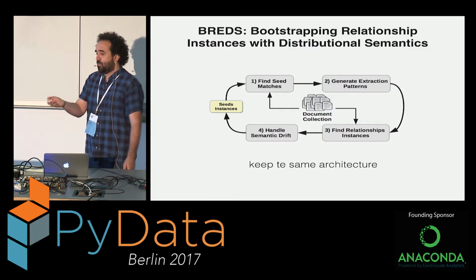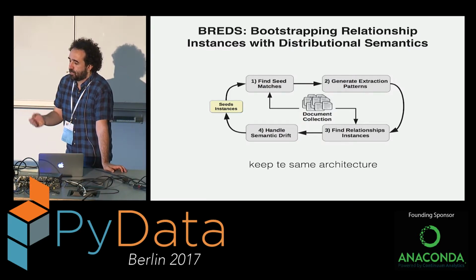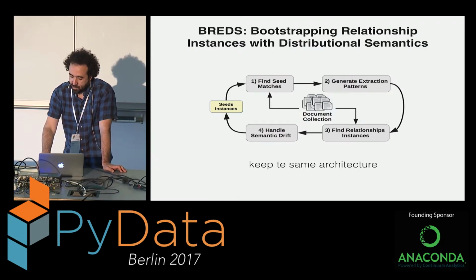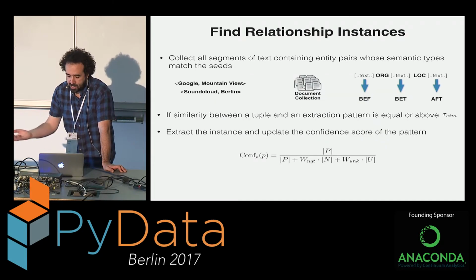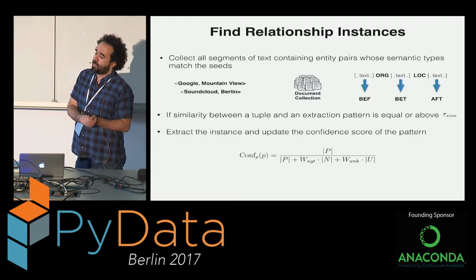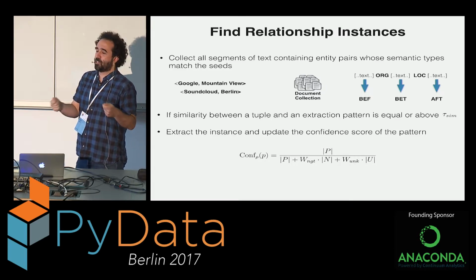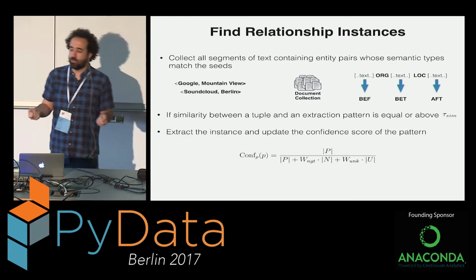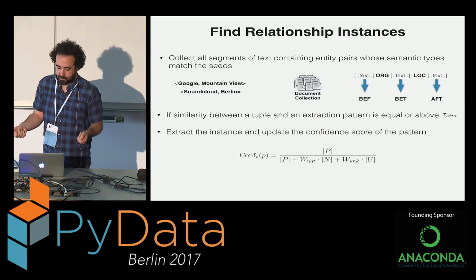So we already went through the first one, find the seed matches, generate extraction patterns. Now let's find the relationship instances. It's the same thing as before. We just extract the context, but now when we apply the similarity metric, we are doing it over word embeddings and not over TF-IDF weighted vectors.